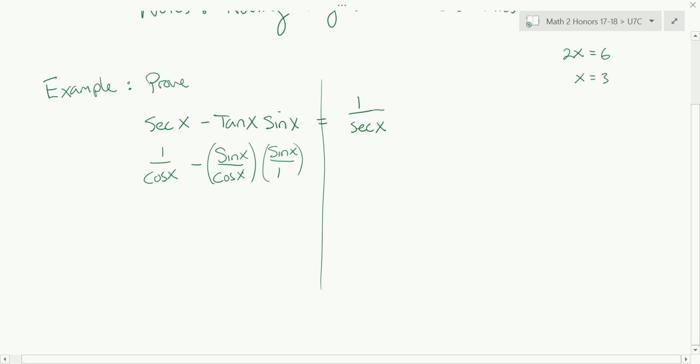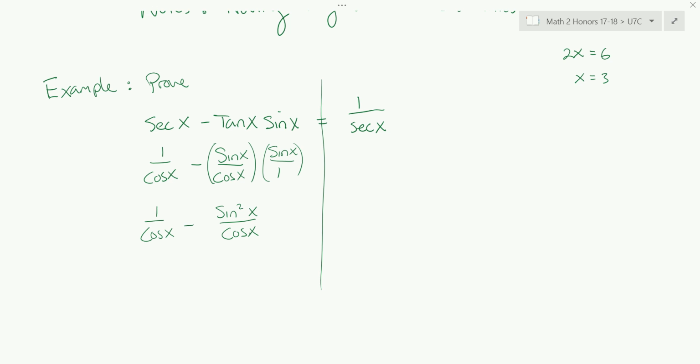And we're wanting to create 1 over secant of x. Well, I could multiply out the right side of this, and I get 1 over cosine of x minus sine squared of x over cosine of x. And remember the rules of fractions. We can subtract fractions if the denominator matches, right?